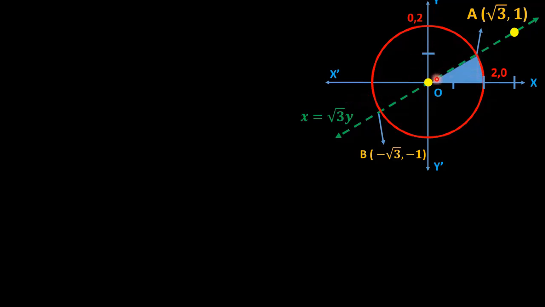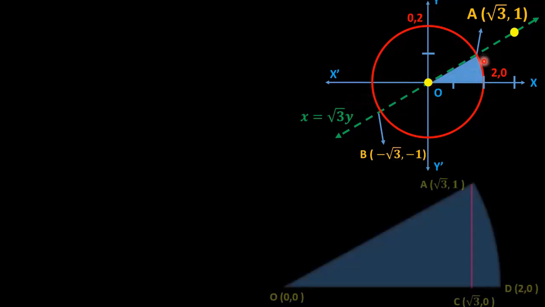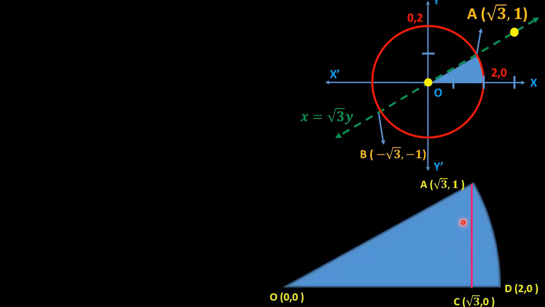Now if we zoom this area, then it will be somewhat like this, and this point is root 3 comma 1, and this is D, 2 comma 0, and here it is the origin 0 comma 0, and here we have to draw a perpendicular.